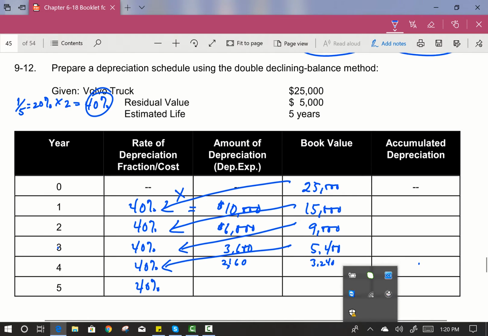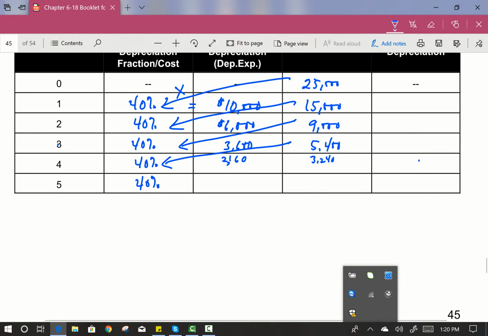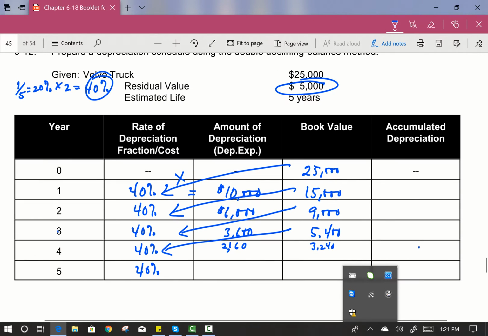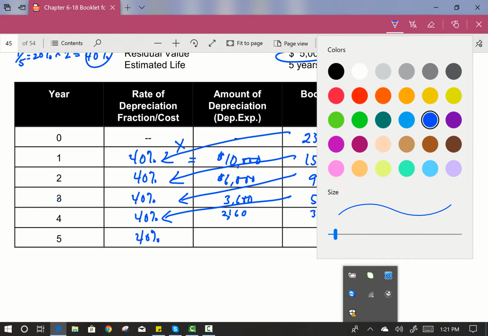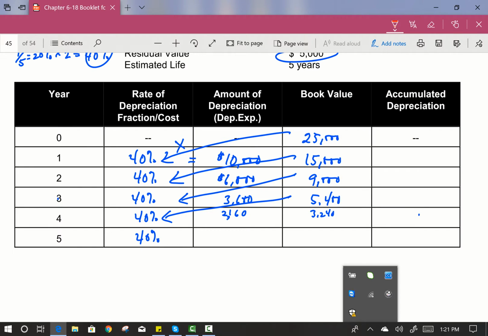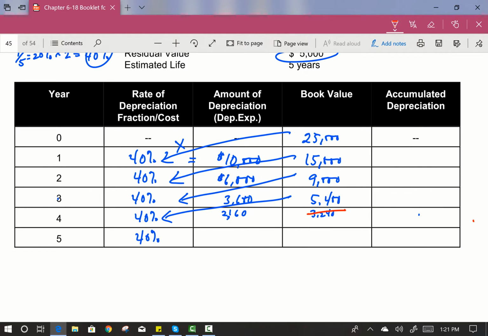Okay. Notice that my residual value is $5,000. My book value has just dropped lower than my residual value. So I know that that is not the correct answer. So what I'm going to do, since I know my residual value is $5,000, I'm going to mark that out and put $5,000 right there.